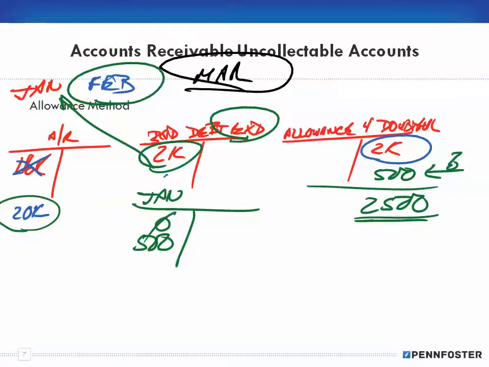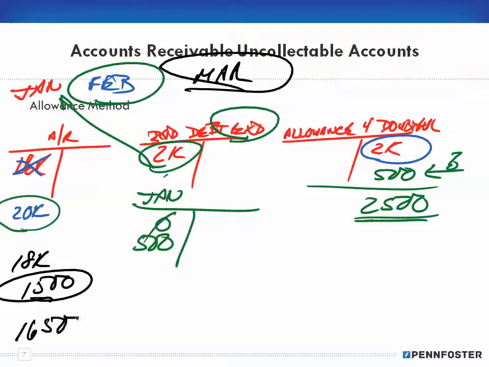Well, if my accounts receivable at the end of March is, say, 18,000, and I determine that 1,500 is going to be bad debt, meaning I want to have a net realizable value of 16,500. Well, if I have $2,500 in my allowance for doubtful account and it's only supposed to be 1,500, I want to have that balance being 1,500.